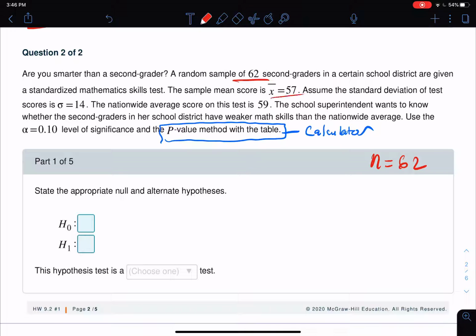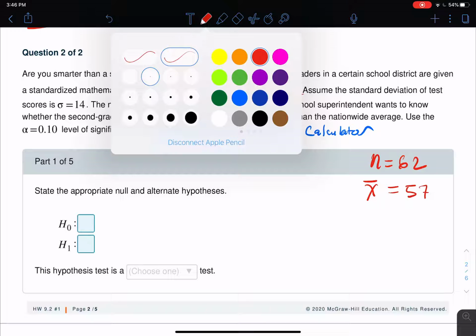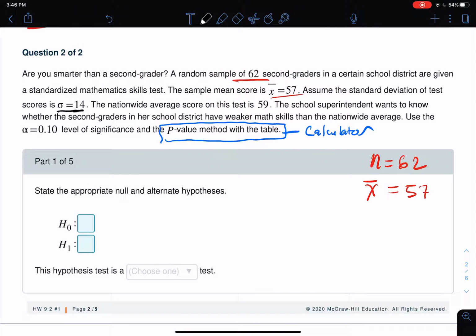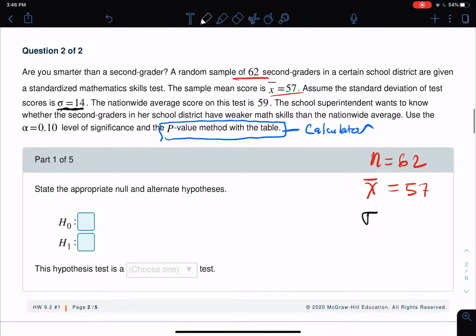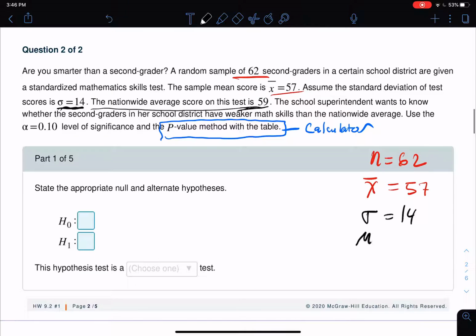The sample mean X bar is 57. Assume the standard deviation scores, now they're giving us the notation. This is the population standard deviation, known at 14. The nationwide average score, so now we're talking about the population, mu, is 59.